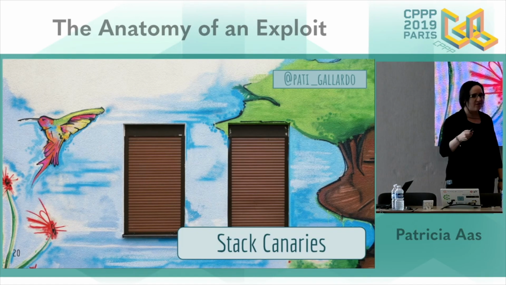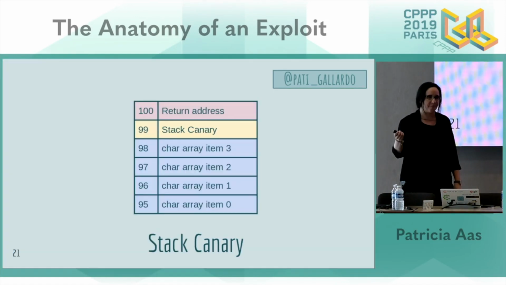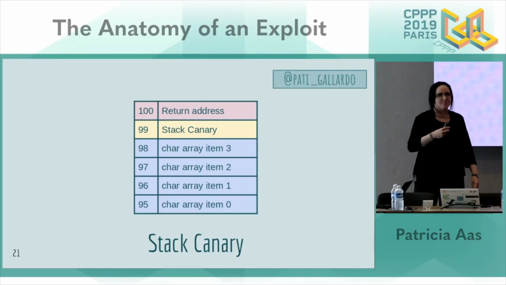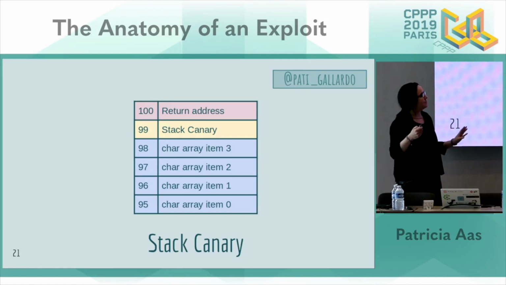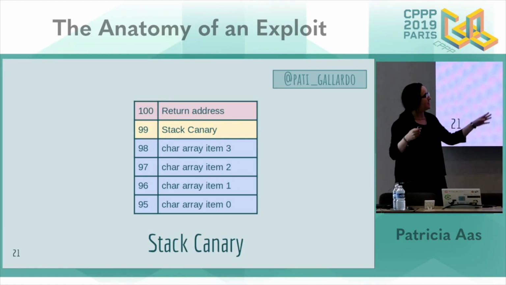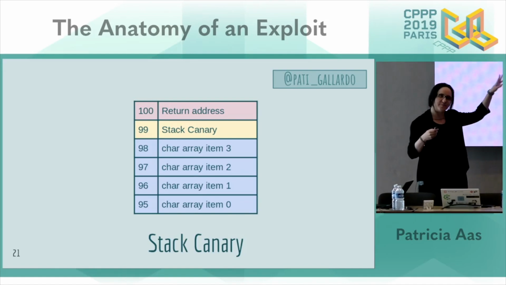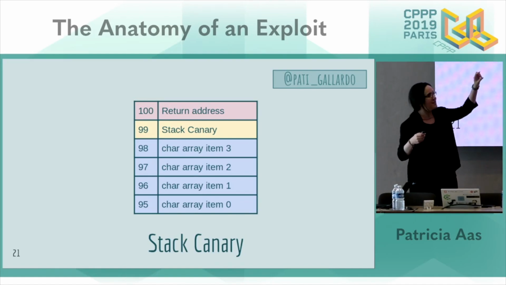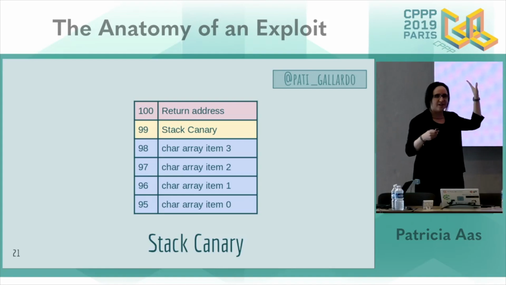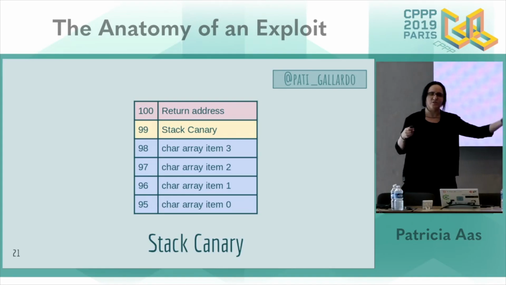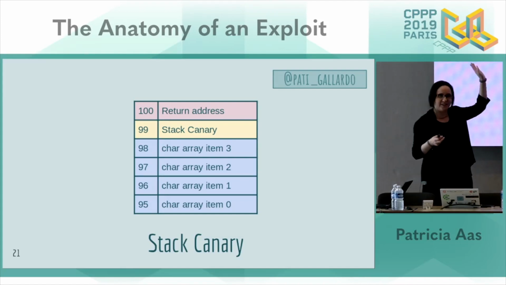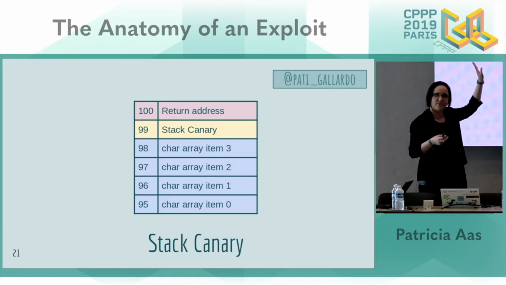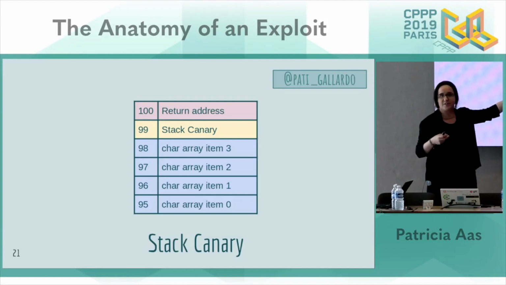And the reason we're having issues now is because there's a stack canary. So this is a representation of a small part of the stack. A little bit simplified, but the idea here is that you have this stack-based array at the bottom, then you have this stack canary, and then you have some kind of return address. Because in old school stack smashing, stack buffer overflows, the idea was to overwrite the end of an array, and then overwrite the return address, and by doing that, being able to execute code inside of this buffer that you just overwrote.